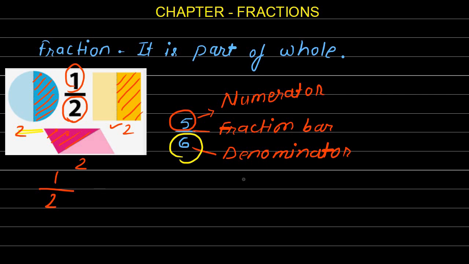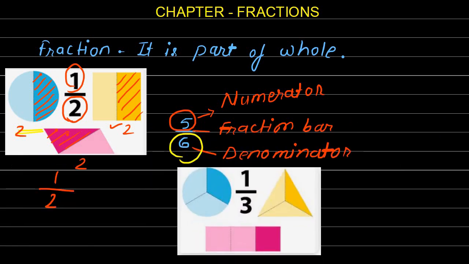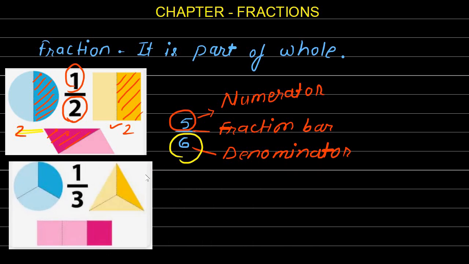Now the next general fraction is 1 by 3. Let's see this 1 by 3. You can see in this first circle, the total number of parts is 3. Out of 3, how many are shaded?